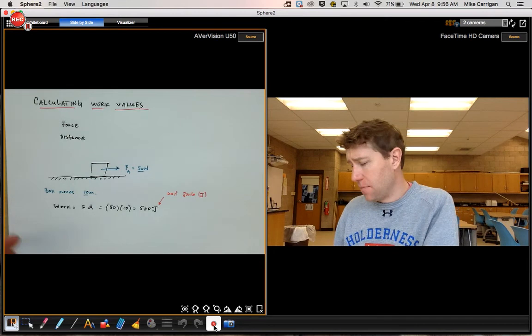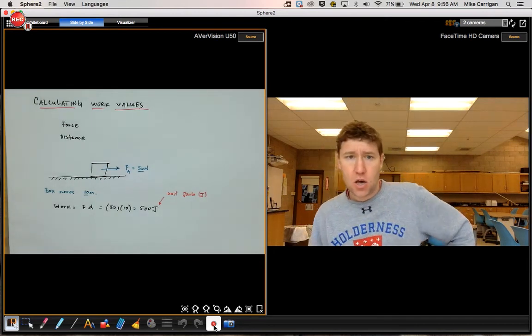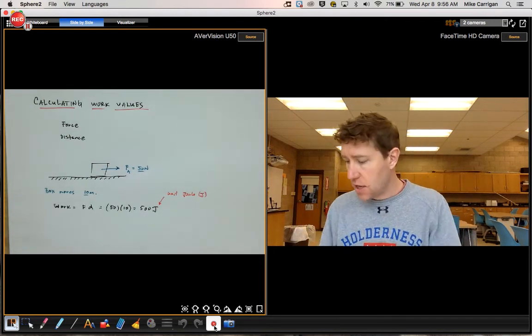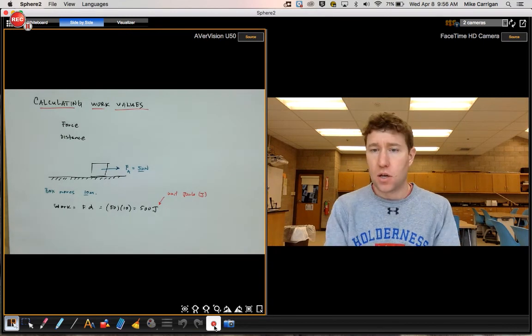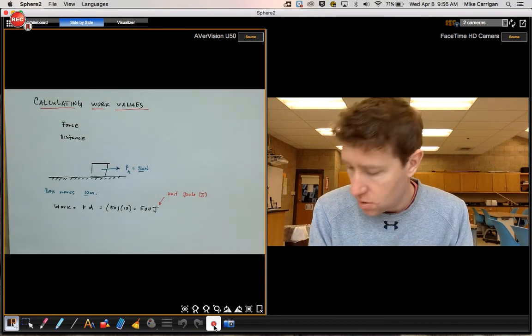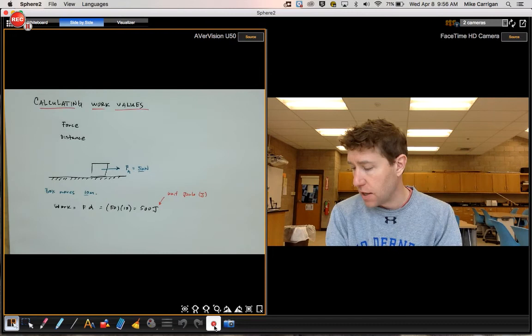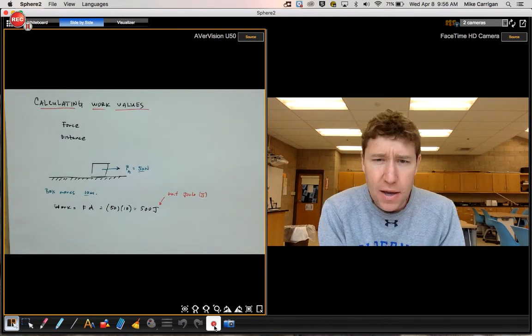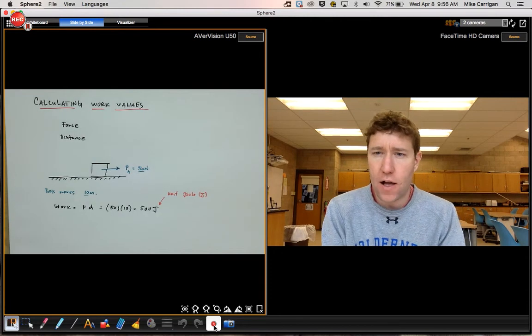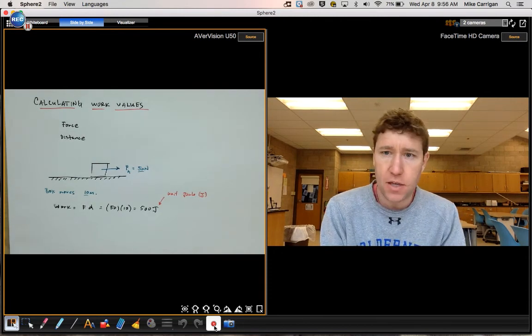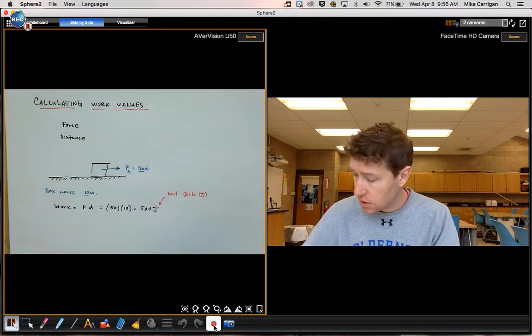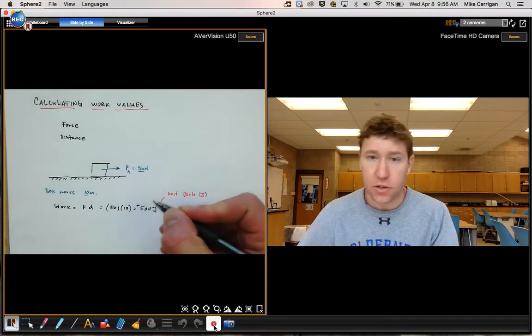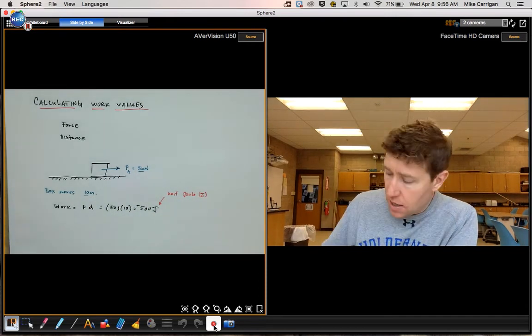So this is like the most basic case. I apply a force, and that force is doing work, and I simply multiply the force times the distance. This is the simplest case. You might ask, is this going to be a positive work value or a negative work value? And maybe given what we just said, it'll be obvious to you that this is going to be a positive value, because the force I'm applying, what is it going to do?